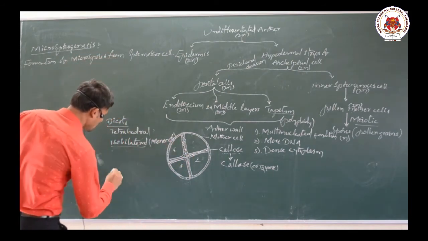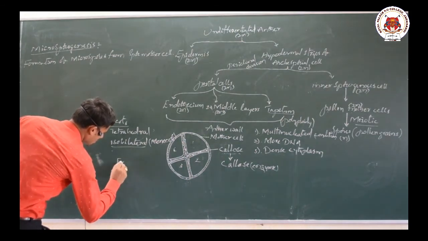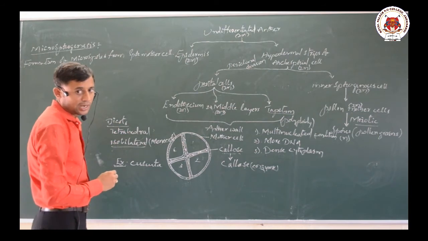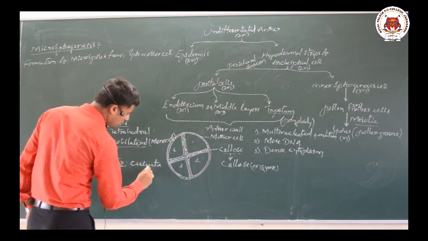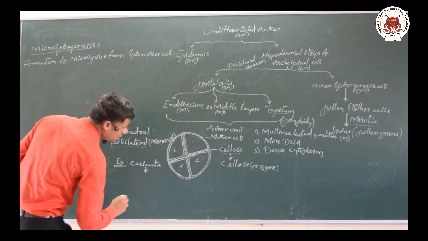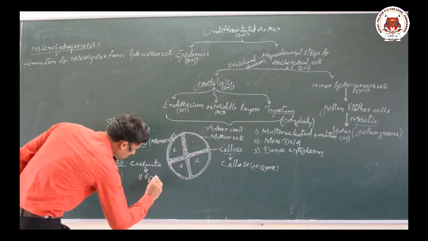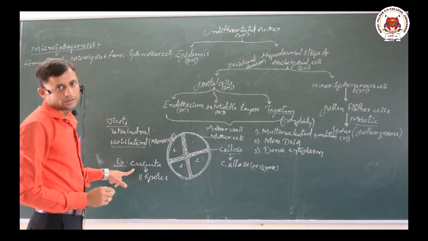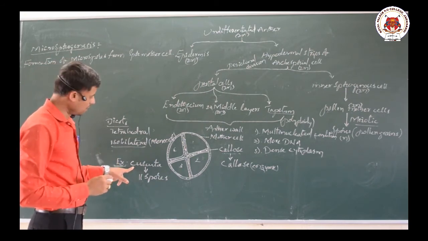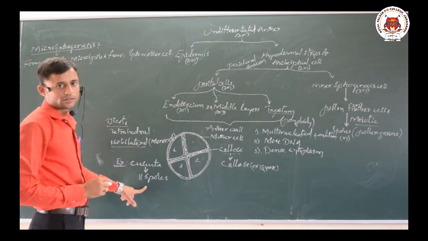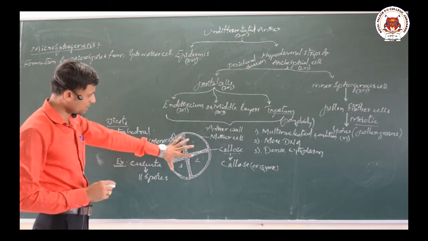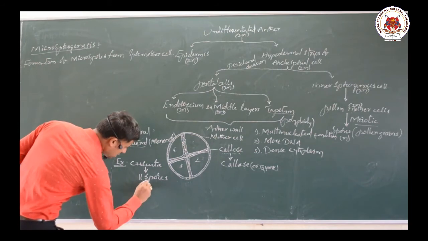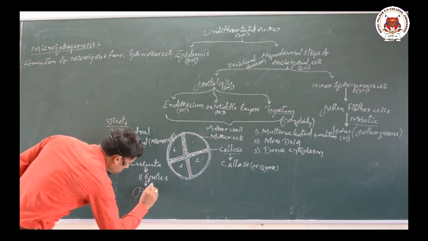The best example is Cuscuta. In Cuscuta, each mother cell is composed of 11 spores in a tetrahedral manner.